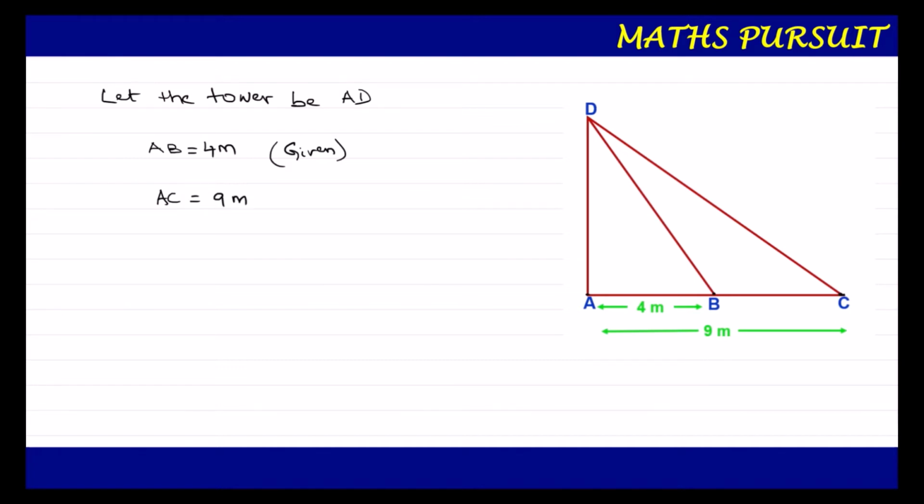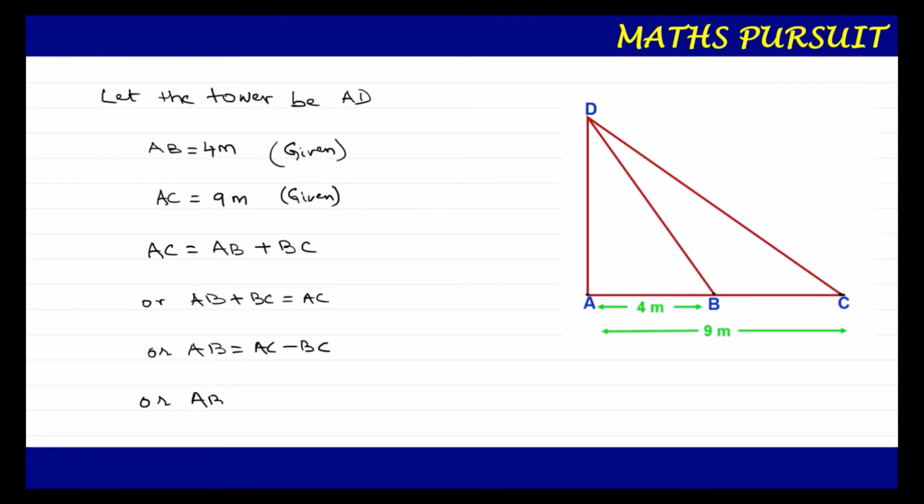This is being given. Now guys, if you look at the figure, what can we write? I can write AC is equal to AB plus BC, or in other words, AB plus BC is equal to AC, or BC is equal to AC minus AB.